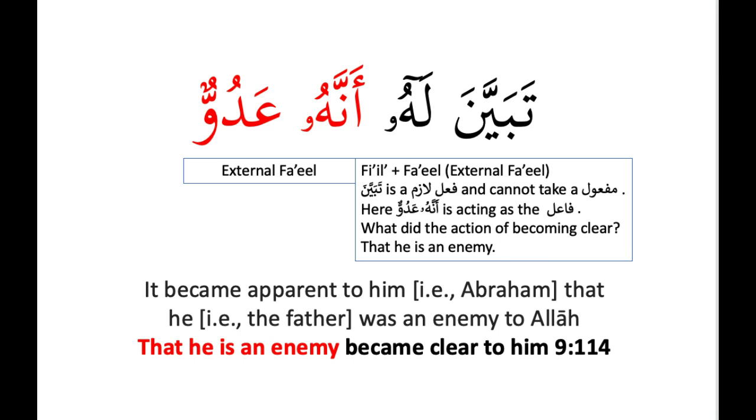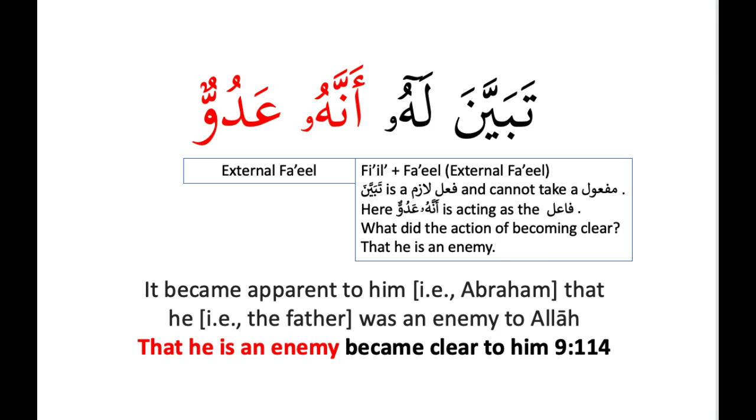So whenever you find a fi'l with the hidden file huwa or hiya, you studied it earlier, then there is possibly an external file upcoming. And annahu aduun is the external file of tabayyana. We said tabayyana, it means it became clear. That hidden file, it, is now replaced by the external file, which is annahu aduun.